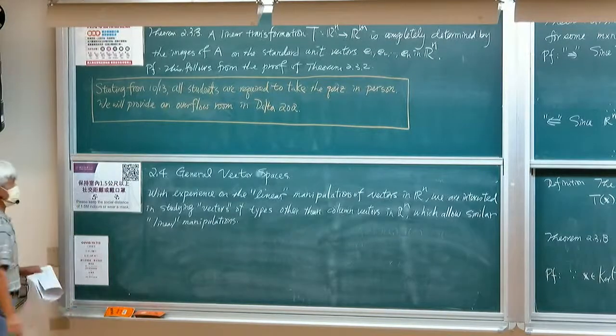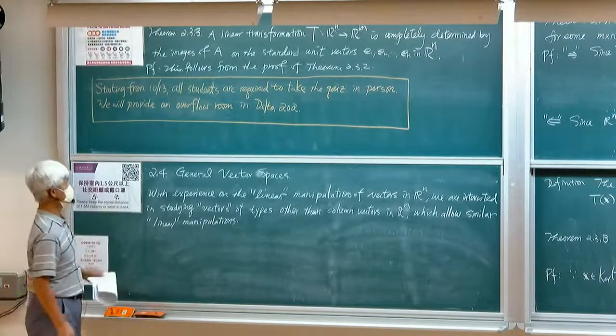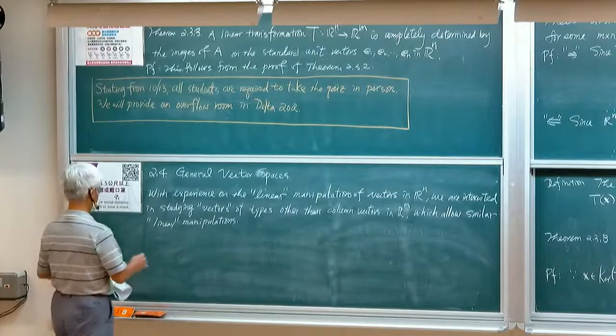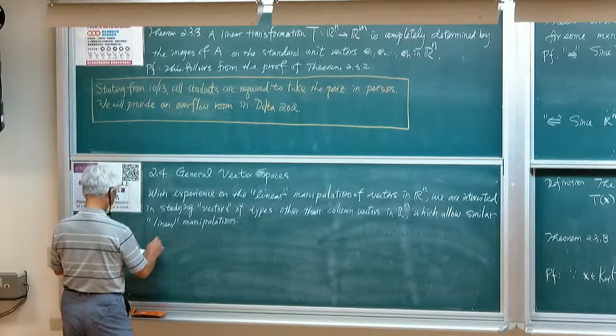To introduce the concept of a general vector space, we need a Cartesian product.